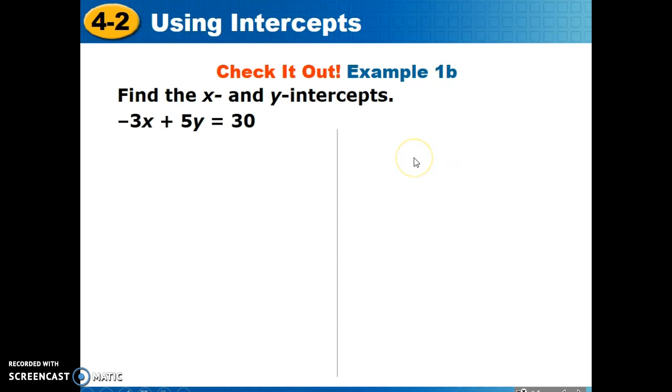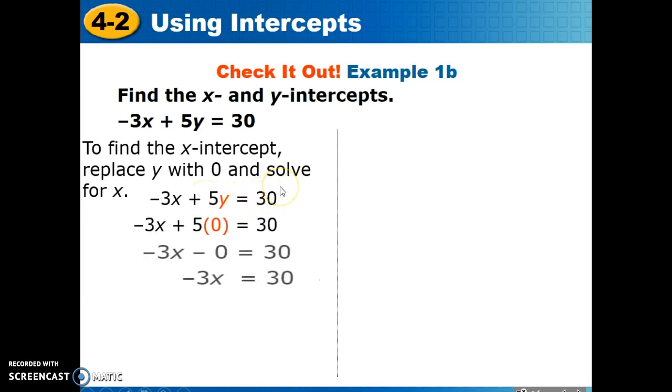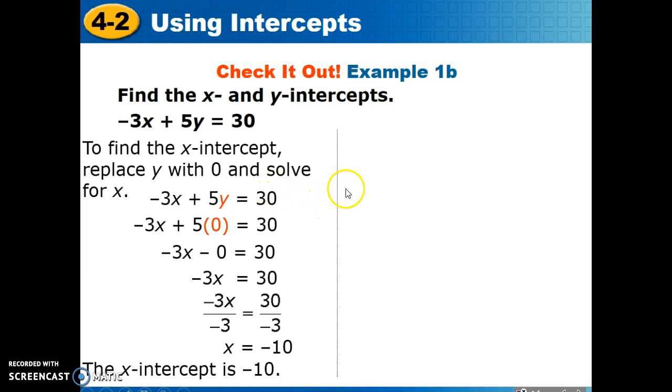Now you're going to try your hand at locating the intercepts with the equation. Remember, we're going to find the x-intercept by replacing y with 0 and then solving. Negative 3x equals 30, so x equals negative 10, our x-intercept.